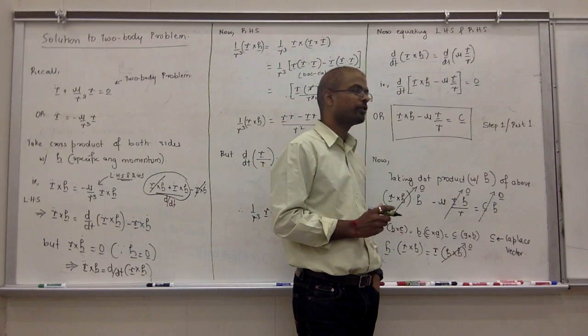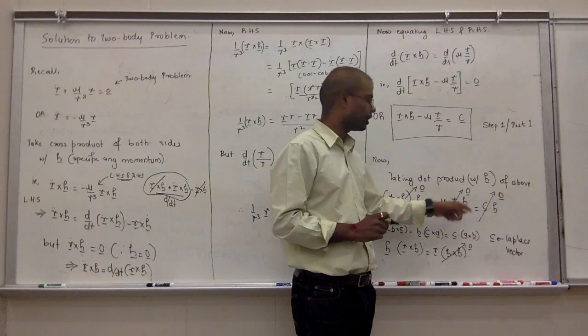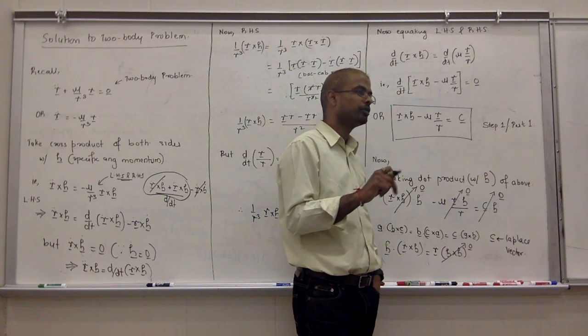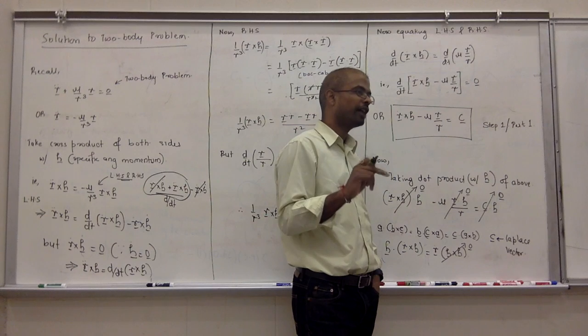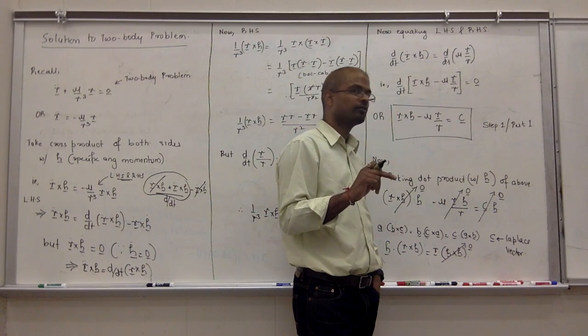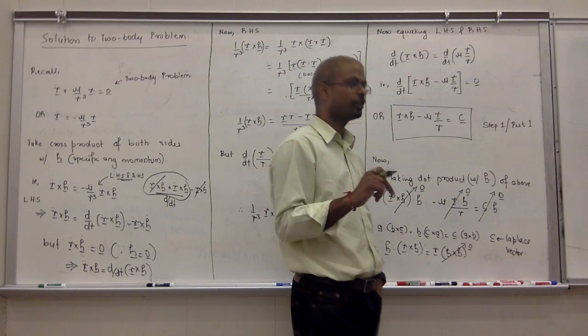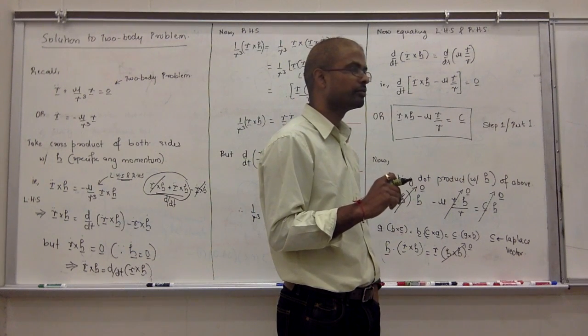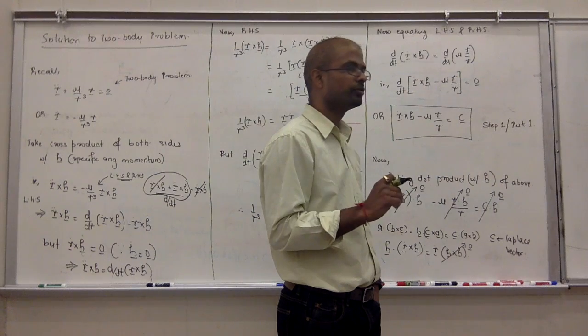What is the definition of dot product? R dot H is the magnitude of R, magnitude of H, into cosine of the angle between them. Right? So the cosine of the angle is how much? 90. Right? Cosine of 90 is 0.